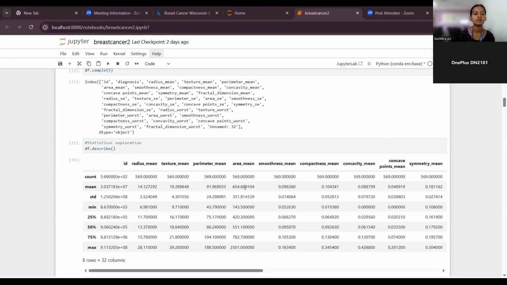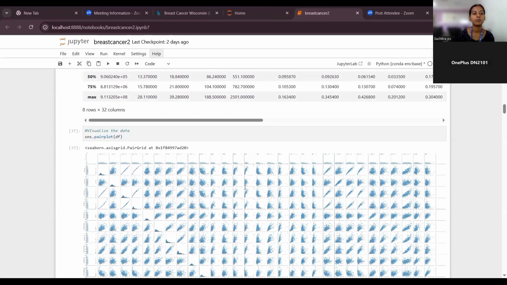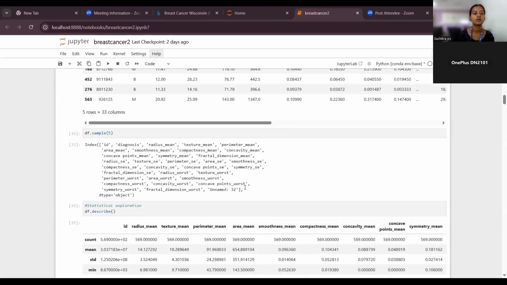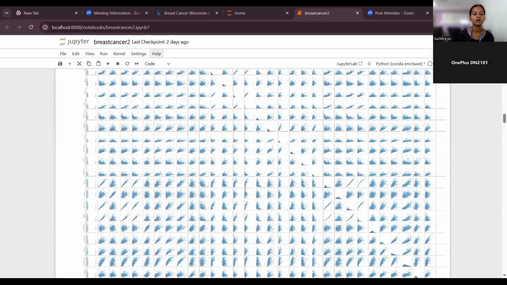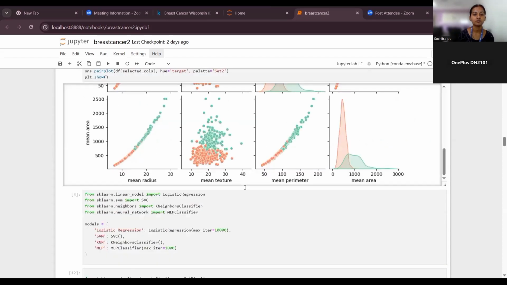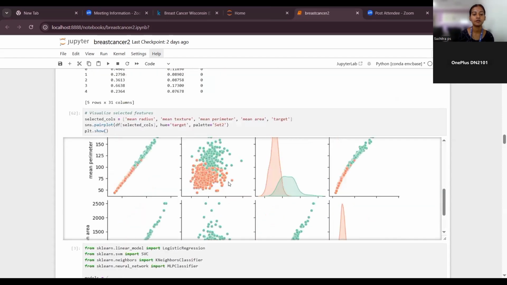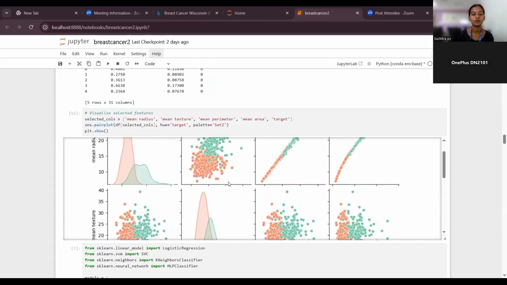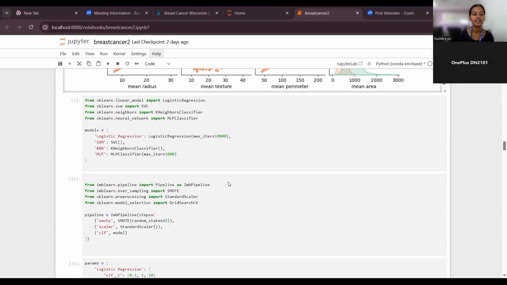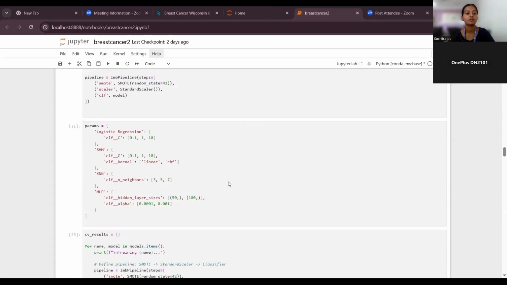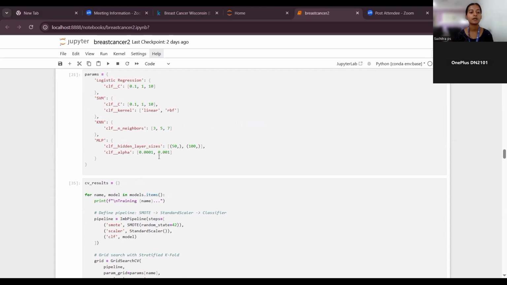Then these are the 30 columns taken, and these are the samples, and we plotted a pair plot for visualization, and then we did the heat map visualization for the dataset. Here we implemented the models: logistic regression, SVM, KNN, and MLP.